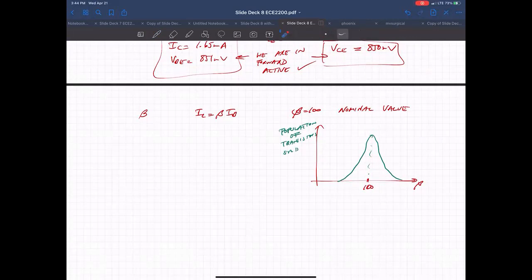There's some reasonable variation in manufacturing parameters. Otherwise, those screws or these transistors end up being extremely expensive because the manufacturer has to do extraordinary things to control the variation.